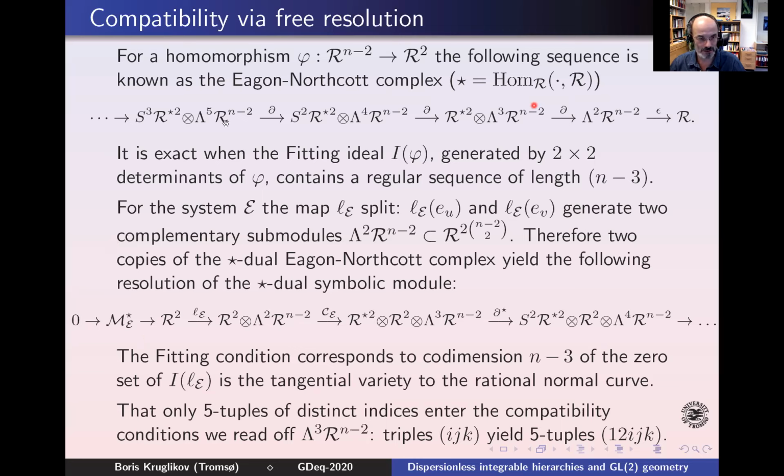It's possible to find even the name for this complex: it's the Eagon-Northcott complex. Whenever you get a complicated exact sequence over some ring, in this case a polynomial ring, then it probably has some name.